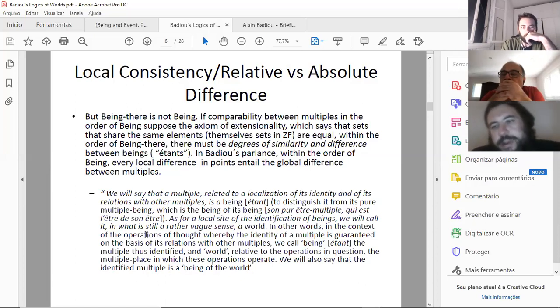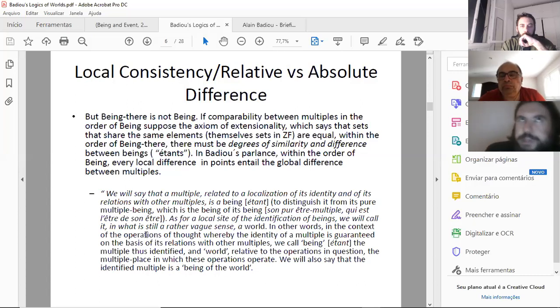The fact that the consistency is local is attached to the inconsistency of the whole. It is not just an ontological result, it is also a phenomenological result. It is an ontological result that has a consequence for the phenomenological result, right? This was one thing that we started discussing when you were already presenting.